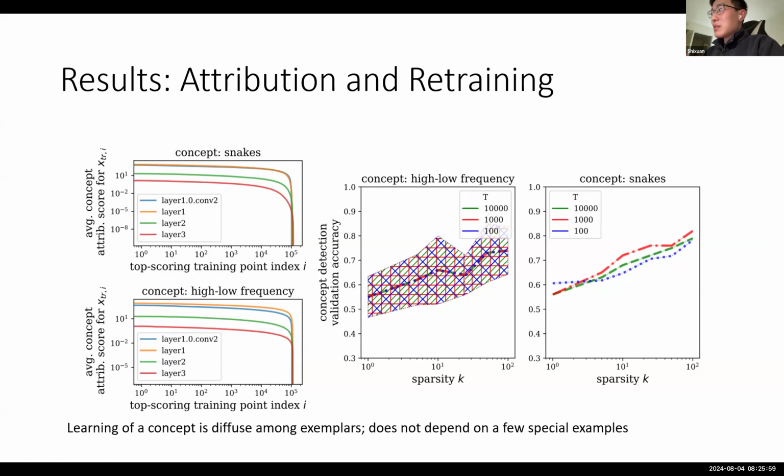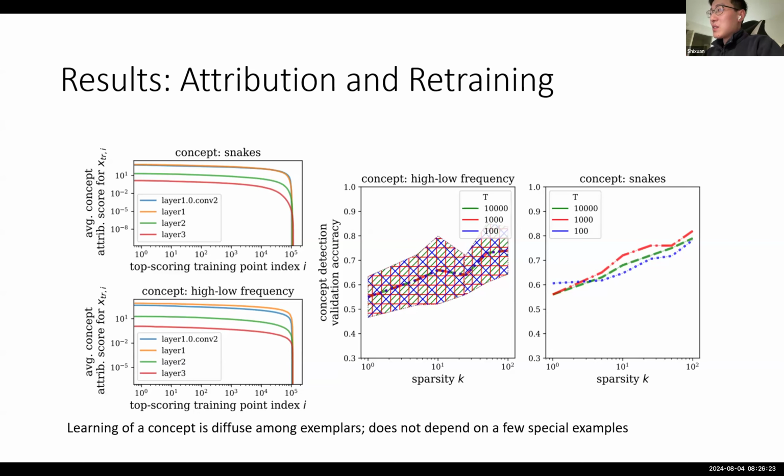So there are actually 2 observations in these two diagrams. The first observation is that for different layers, the attribution scores are pretty close to each other, which means the layer actually does not affect the probing very much.